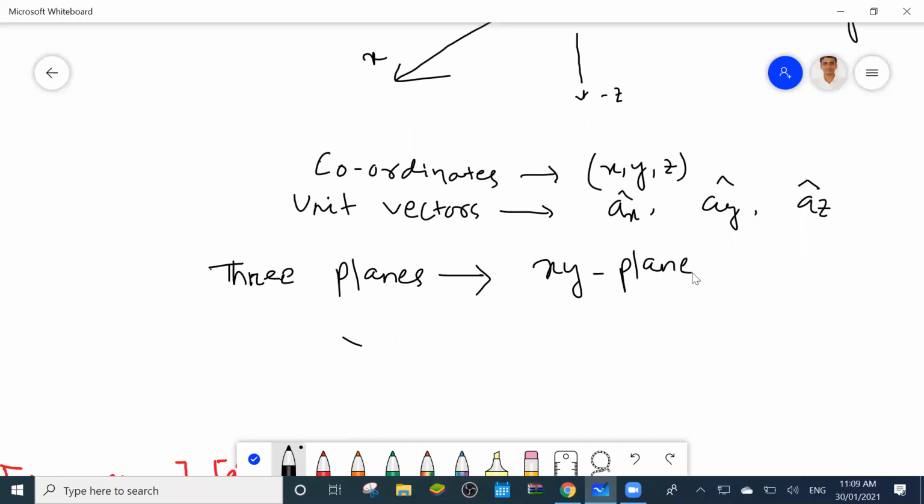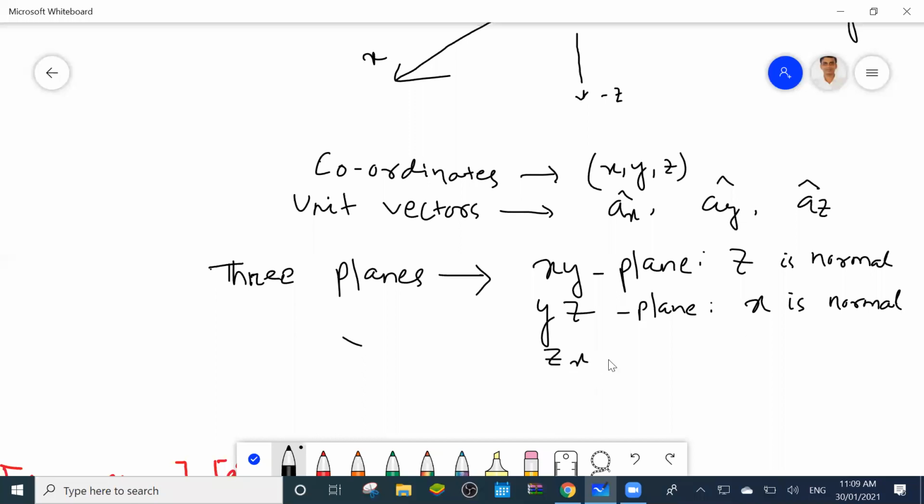If it's the xy plane, that means z is normal, that is z equal to 0 at that point, you can say normal. Then suppose yz plane, then x is normal. Then suppose zx plane, then y is normal.